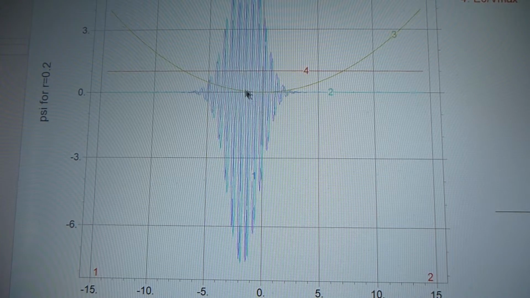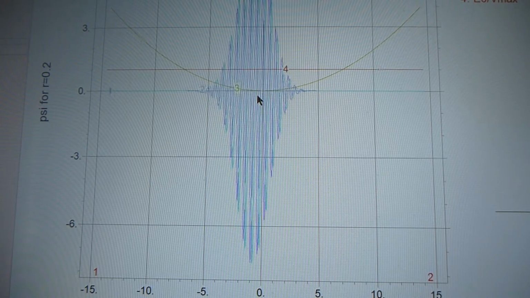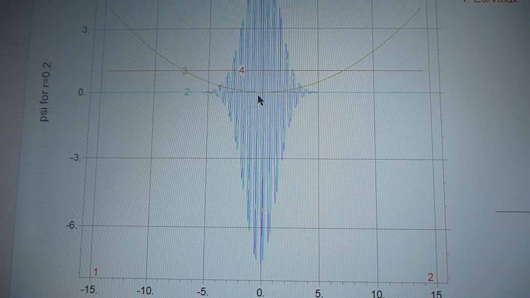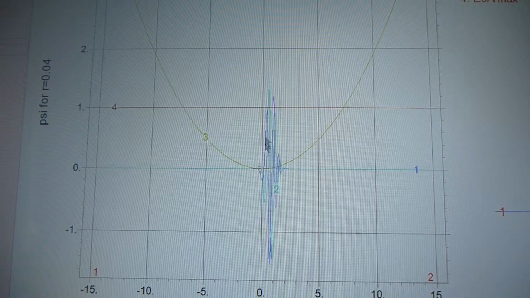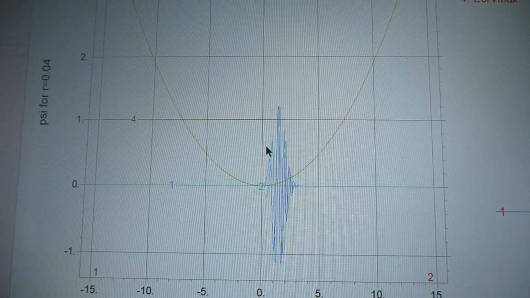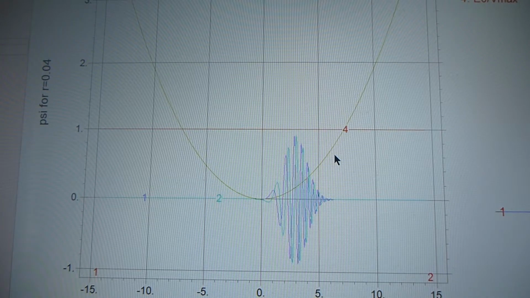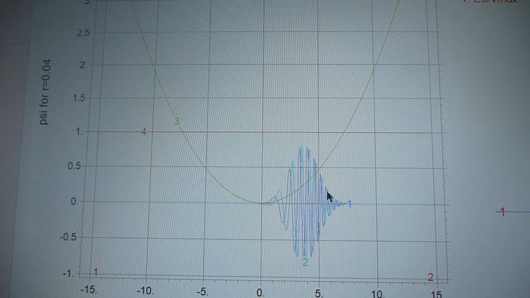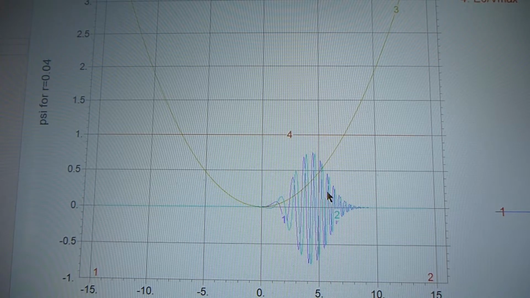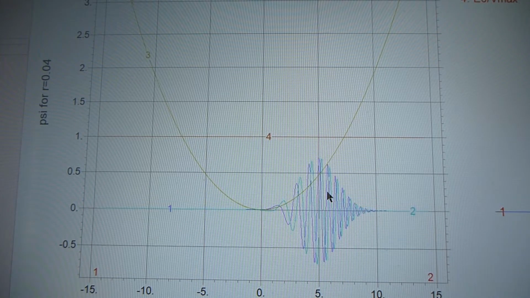So here it is, the center's just about back to the starting point, and now we have the narrow packet doing the same thing, going over to the turnaround point, but it's getting wider and wider and wider as it goes over there.